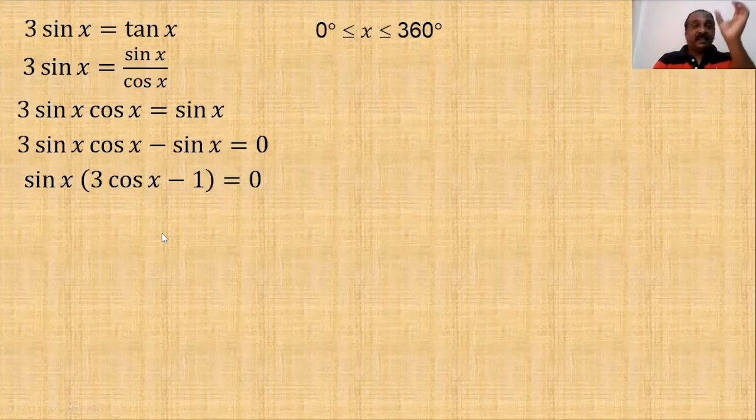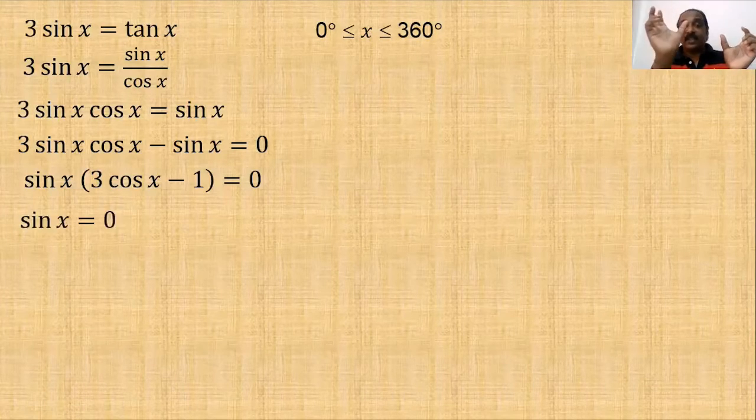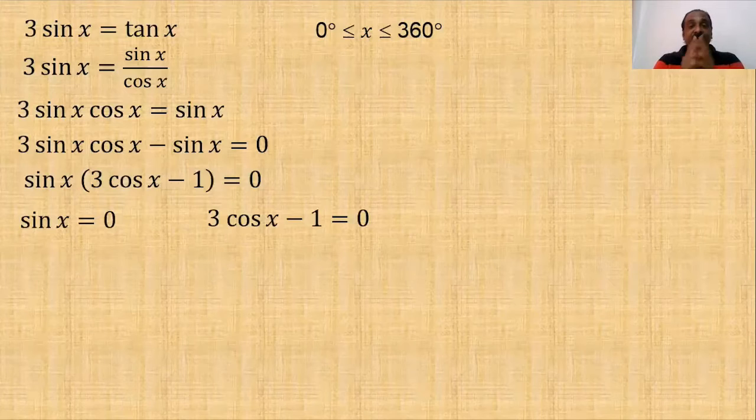Next is what? The sin x equals 0. Then the 3 cos x minus 1 equals 0. Do the left one first. So remember just now, 0, 90, 180, 270, 360 are critical values. Okay, critical values are also involved now.